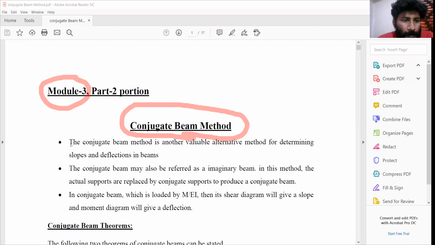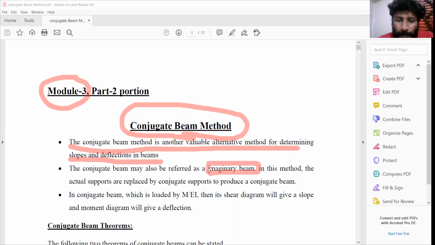The first point is that the conjugate beam method is another valuable alternative method for determining slopes and deflections in beams. The main aim of this method is also to find the slopes and deflections in beams. The conjugate beam may also be referred to as an imaginary beam.